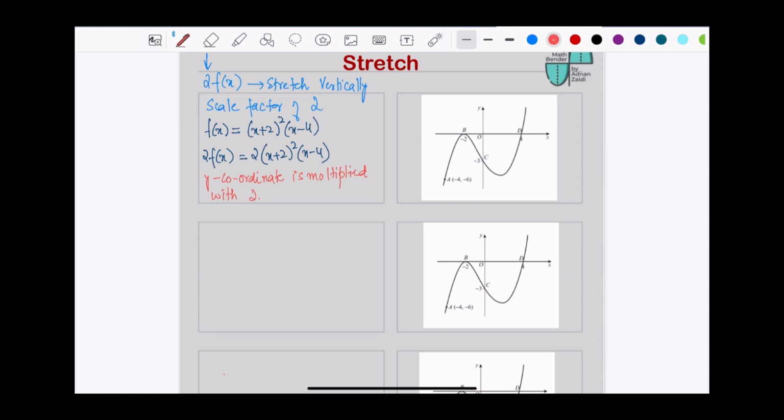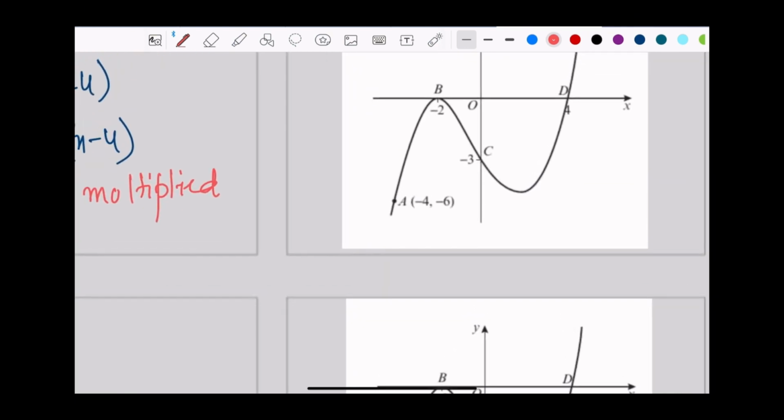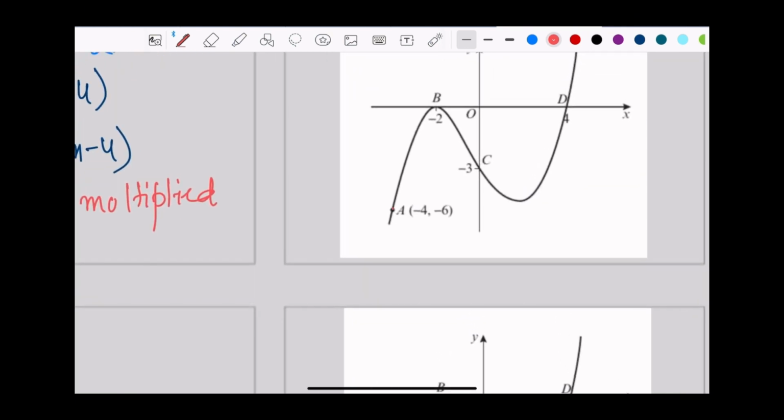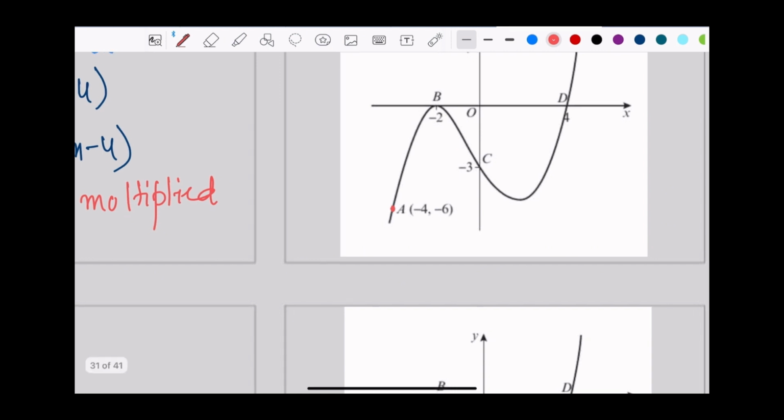So as you could see in this curve, this coordinate here is negative 4 comma negative 6 and the y coordinate is negative 6. If you multiply negative 6 with 2, this will become negative 12. So the point, I don't have much of a grid here though, reaches here and is called negative 4 comma negative 12 after a multiplier effect of 2.